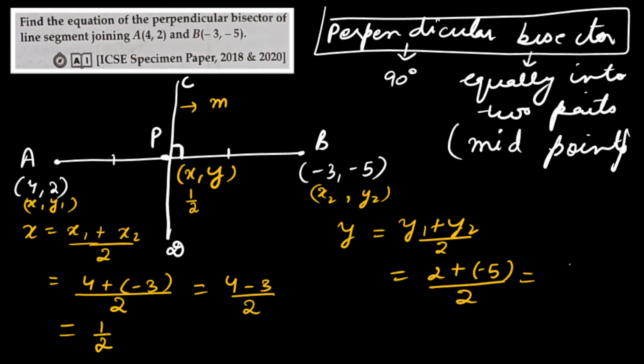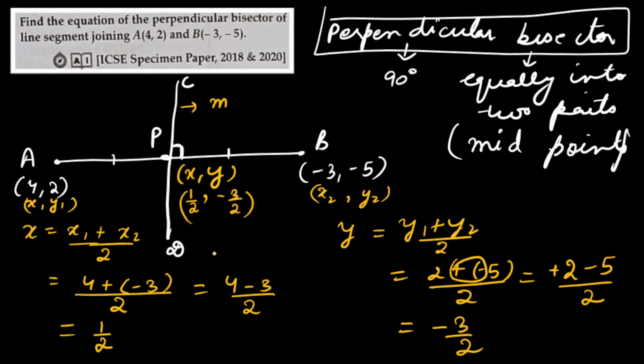So again plus minus is minus, so 2 minus 5. The two signs together we have to make a single sign. 2 minus 5 by 2. 2 minus 5 is equal to minus 3, as plus minus is minus and the sign is taken from the greater number. So we found the coordinates of point P as 1 by 2 and minus 3 by 2.